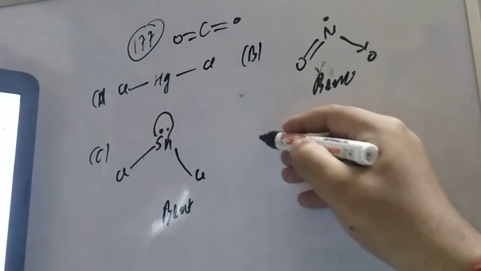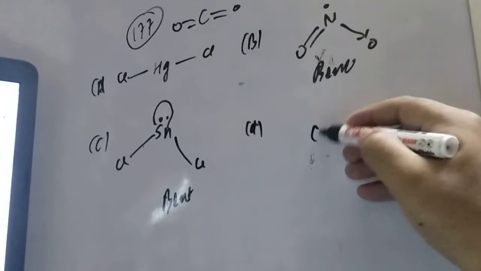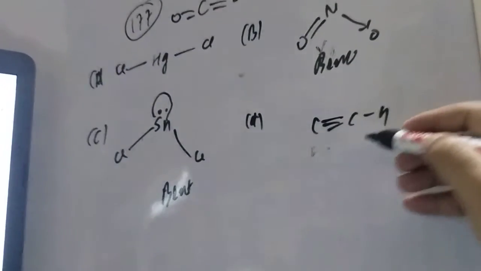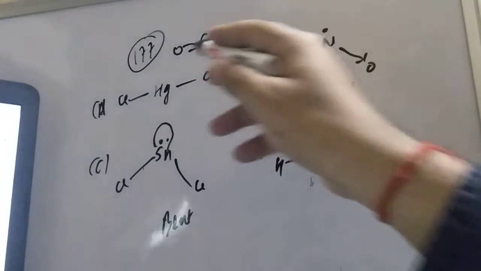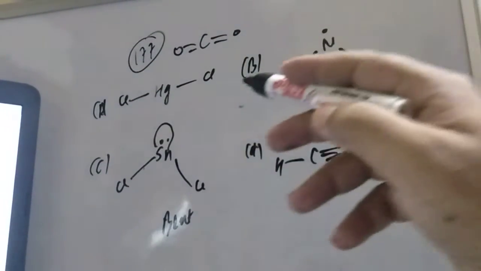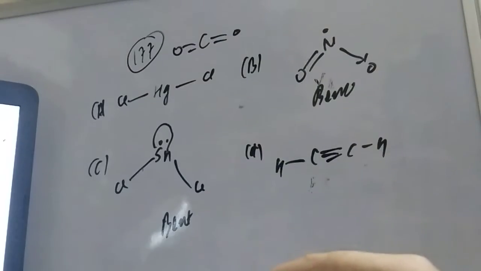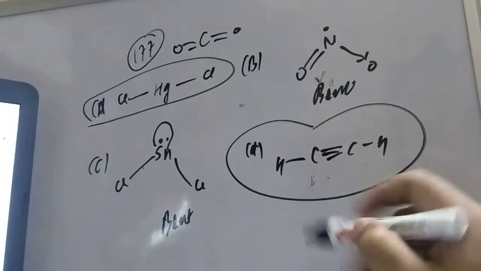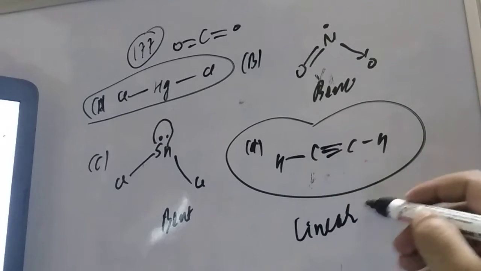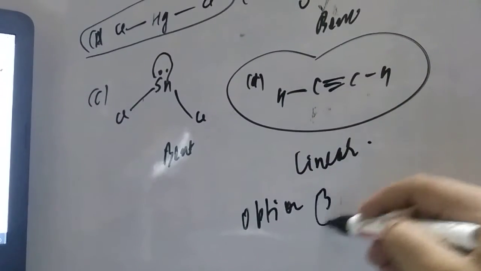If you talk about C2H2, D, what is there? C triple bond C, here is hydrogen, and here is also hydrogen. They are saying CO2 has the same geometry, so A and D are the correct linear ones. So the correct option will be option number 3.